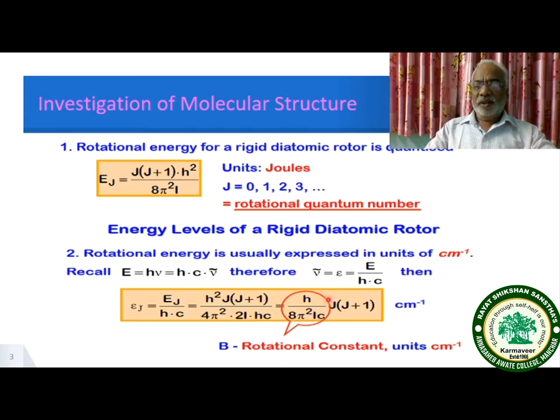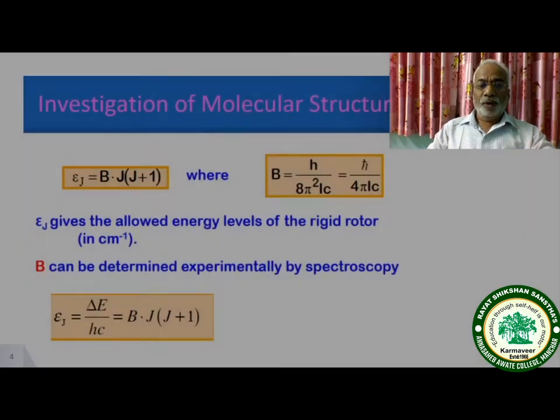So this particular term represents a constant term used in the evaluation of rotational energy in centimeter inverse, and that's why this is termed as the rotational constant. This rotational constant has the unit centimeter inverse. This is a very important number for the given rigid diatomic molecule.